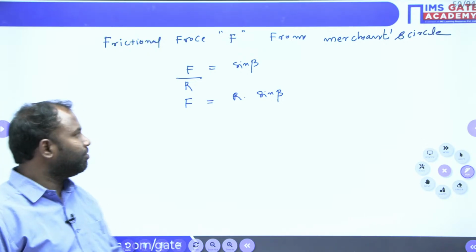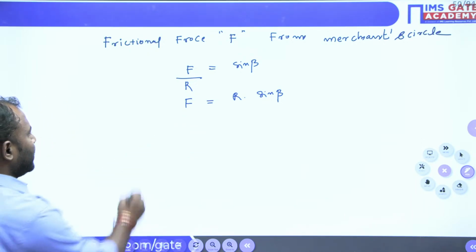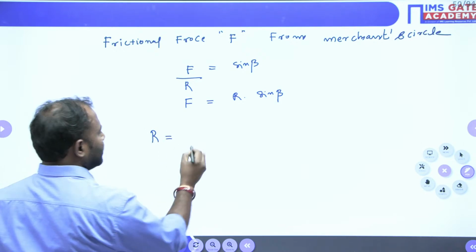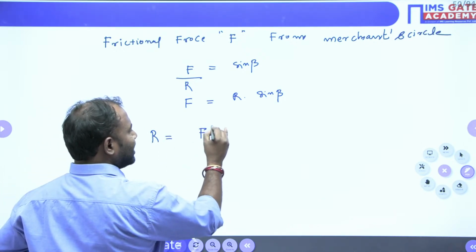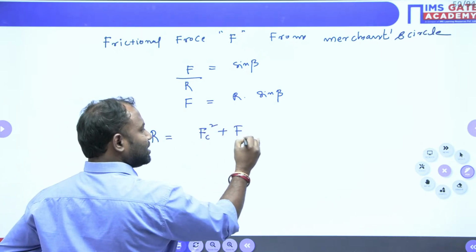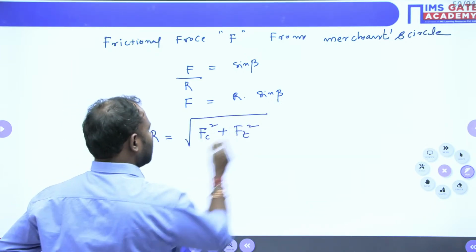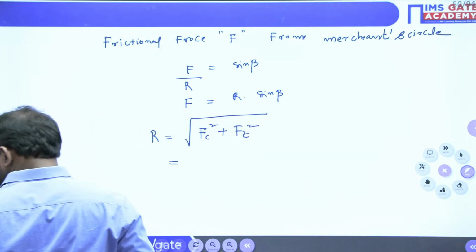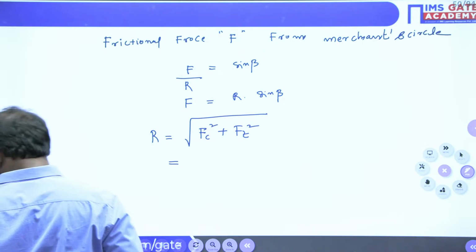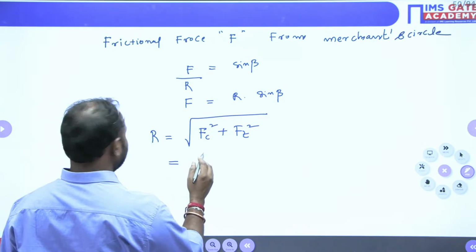Now R into sine beta. Now what is R? I can write from the Merchant circle itself, R equal to square root of Fc square plus Ft square.